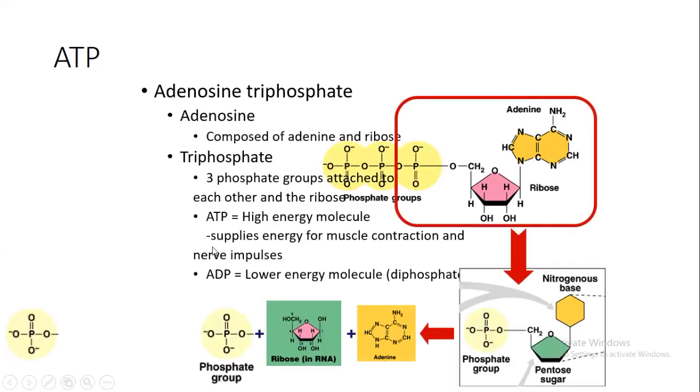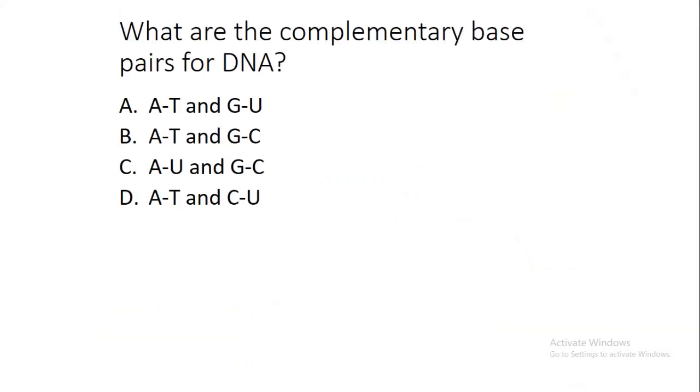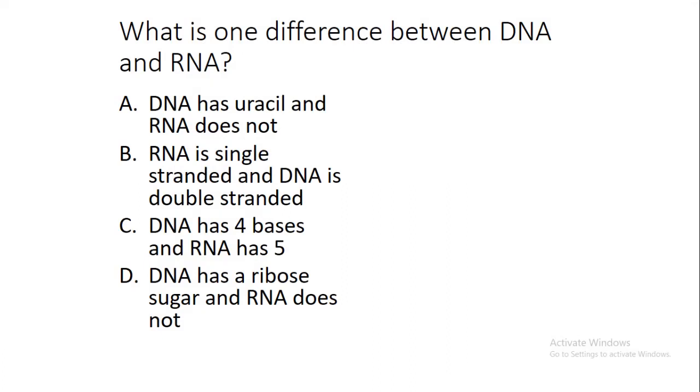Okay. Let me quickly go on to the next part, which was the question part. That one has been answered. Let's quickly look at that. What is one difference between DNA and RNA?